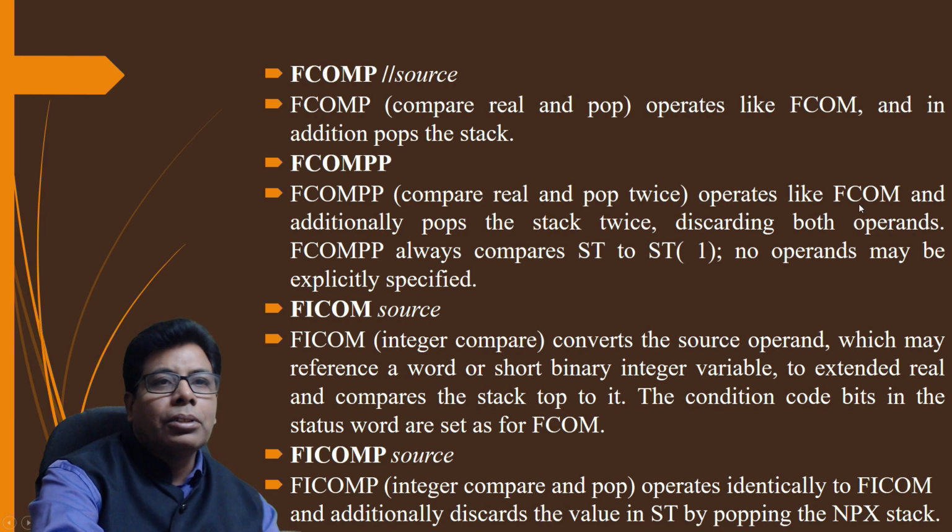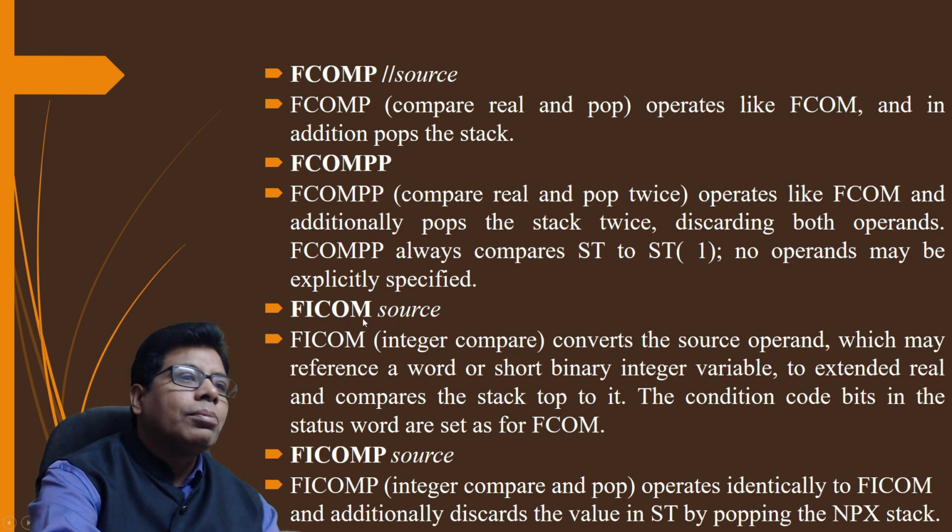It is similar to FCOM, with additional pops of the stack twice, discarding both the operands. So it will compare ST to ST1, and no operands may be explicitly specified. If we are not specifying, it will compare ST and ST1. They are the implicit operands. Only here the additional pops are there.